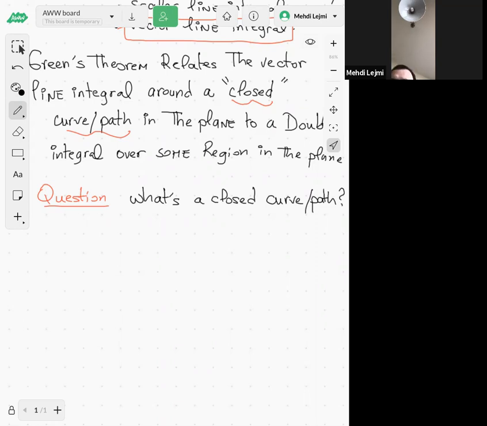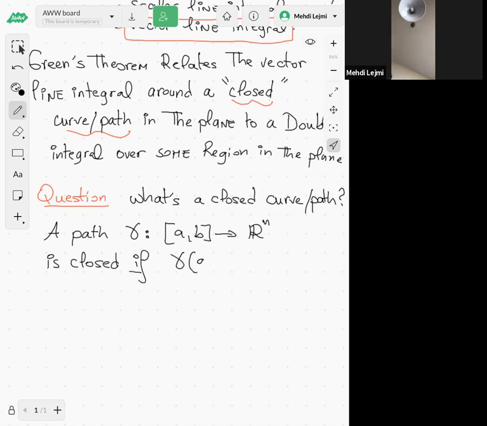Well, the definition is actually very simple. A path or curve gamma (remember, guys, the definition of a path or a curve is some function from some interval [a, b] into R2 or R3, let's say Rn). So a path is closed if gamma of a is equal to gamma of b.